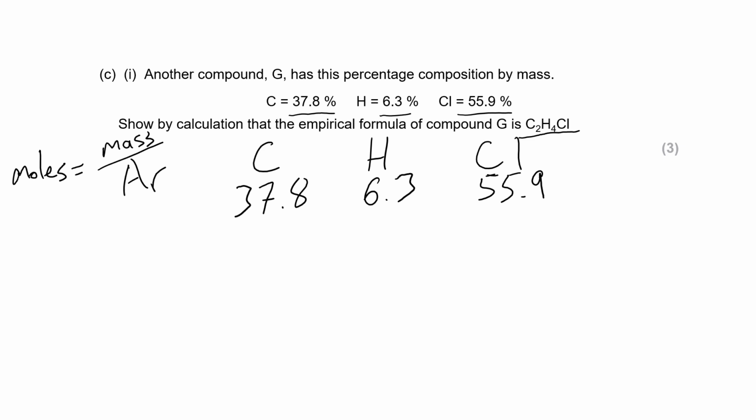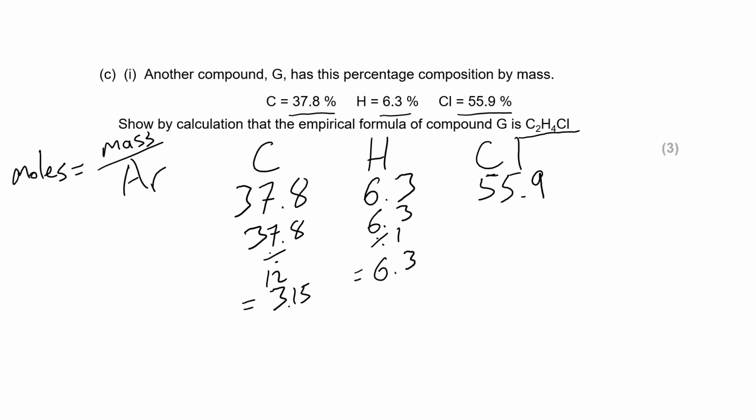So that's essentially the mass number in the periodic table. Right, so for carbon, 37.8 divided by the mass number of carbon, which is 12, and that equals 3.15. Then for hydrogen, 6.3 divided by 1, so that's nice and easy, 6.3.